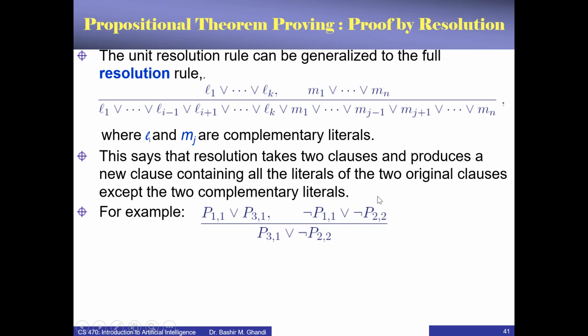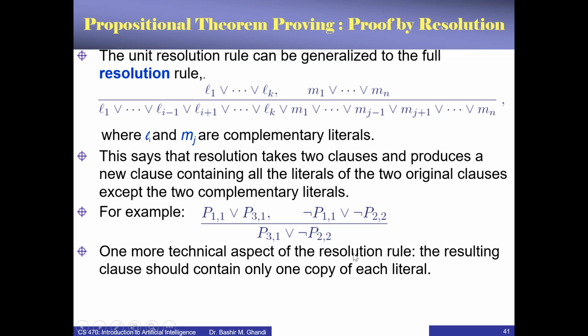If we apply the resolution rule, it will give us P31 or not P22. Why? Because P11 and not P11 resolve themselves, so we are left with just P31 or not P22. This is the idea of the resolution rule.